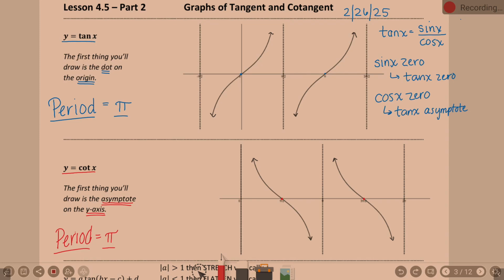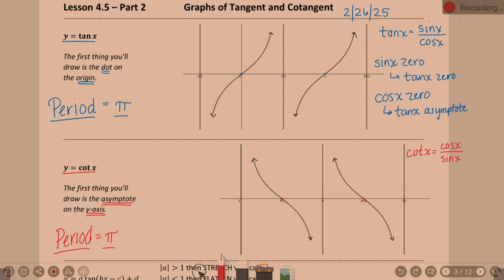Now I can relate the same thing I did up there, and that is that cotangent is the reciprocal of tangent. So that means if tangent is sine divided by cosine, cotangent is the cosine of x divided by the sine of x.